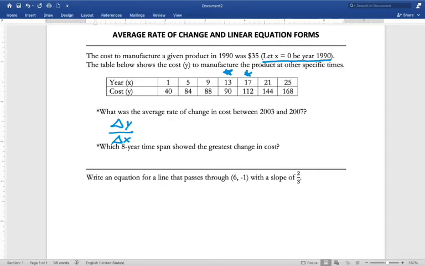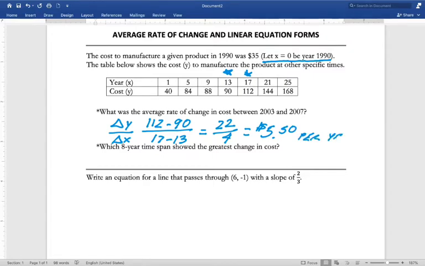As long as we're consistent, we're fine. So we could do 112 minus 90 divided by 17 minus 13. So 112 minus 90 gives us 22 over 4. And when we divide that out, that gives us $5.50 per year. That is the average rate of change. And we've got it labeled appropriately as well.